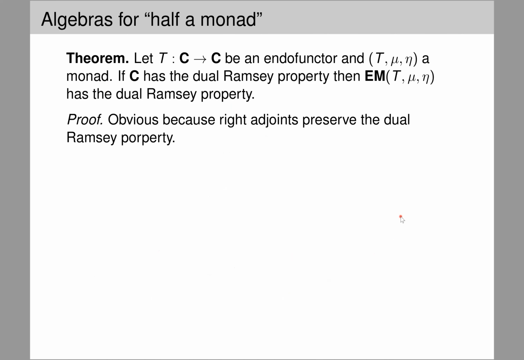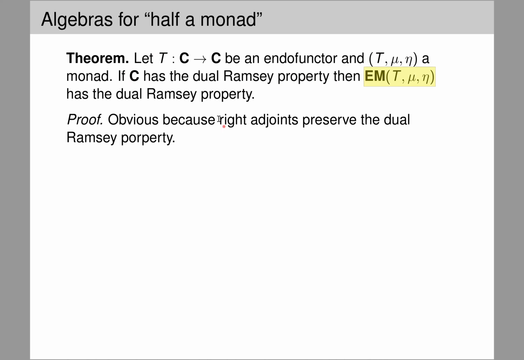And then the major idea for the proof of the results I mentioned is this very obvious but unfortunately useless fact. So if T is a monad and C has the dual Ramsey property, then the Eilenberg-Moore category has the dual Ramsey property. So the category of EM algebras for the monad has the dual Ramsey property.